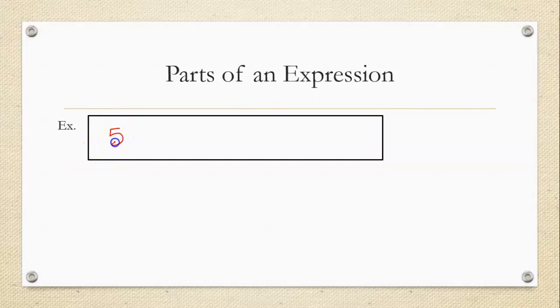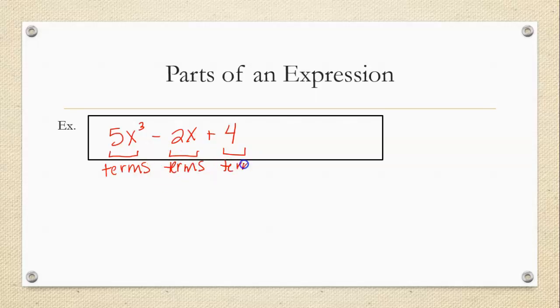What if we had 5x cubed minus 2x plus 4? All right, so the first thing to notice here is there are 3 terms. 1, 2, and 3. These are all terms. Terms are separated by addition and subtraction symbols.